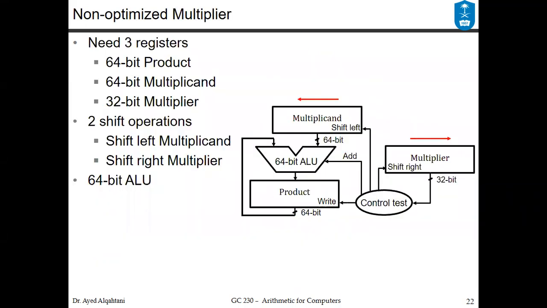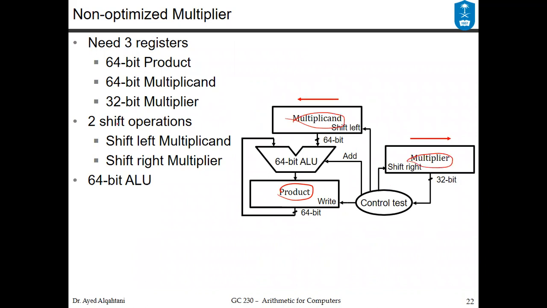Now, this architecture that we discussed is actually the non-optimized multiplier, where we need 3 registers: 64-bit for the product, 64-bit for the multiplicand, and 32-bit for the multiplier.